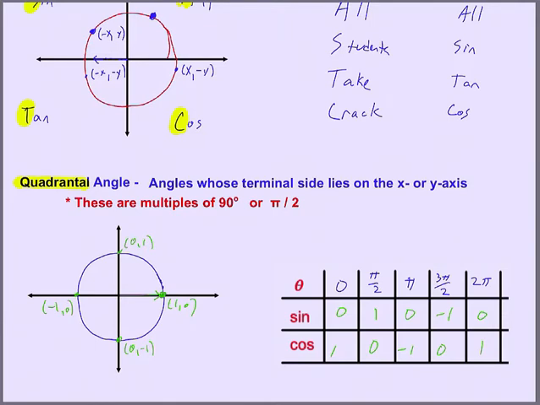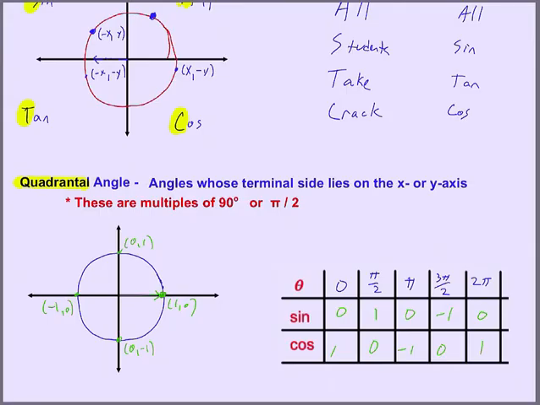What I want you to recognize is the pattern here, and we'll talk more about this pattern next week. The pattern for sine is that it starts at 0, right in the middle. And then it goes up to 1, back to 0, down to negative 1, back up to 0.